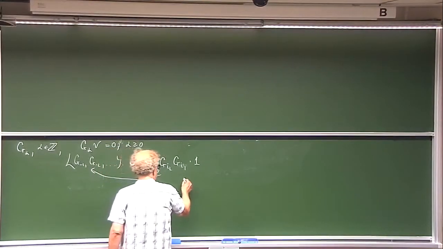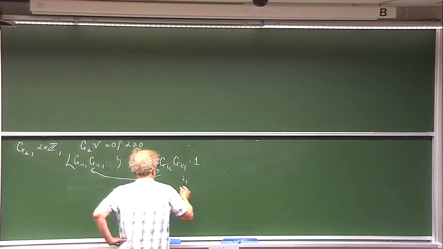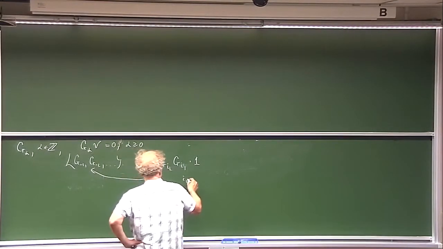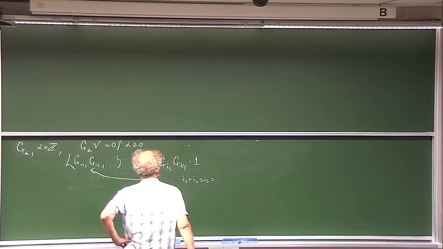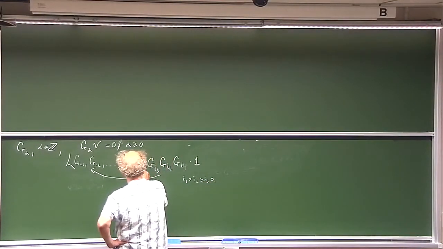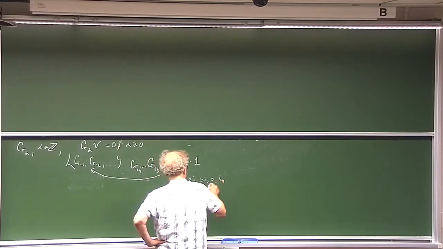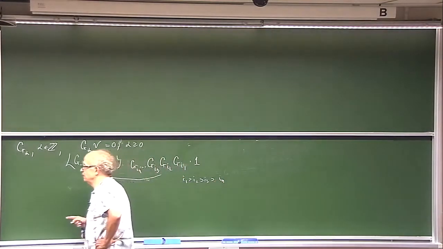So it means that i1 is bigger than i2, bigger than i3, and so on.